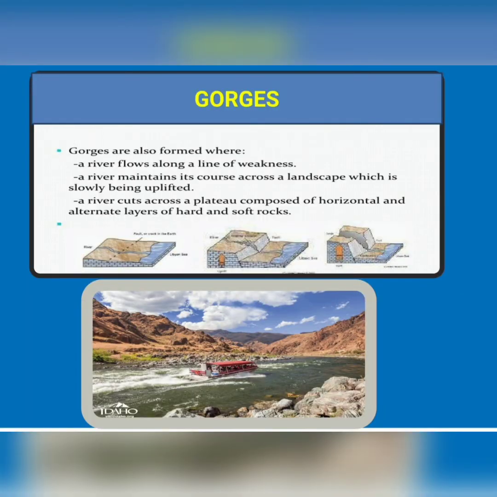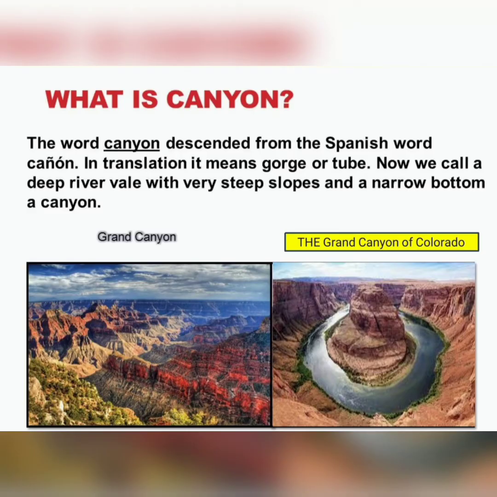At many places, these valleys are as deep as 1800 meters. Such very deep and long valleys formed in the area of soft rocks are called canyons. The Grand Canyon of Colorado is the largest canyon and it is known all over the world.